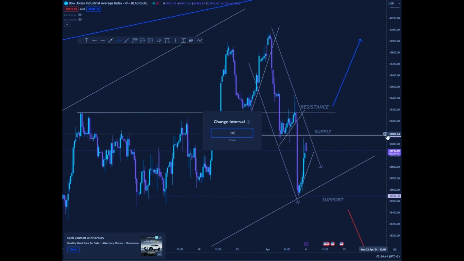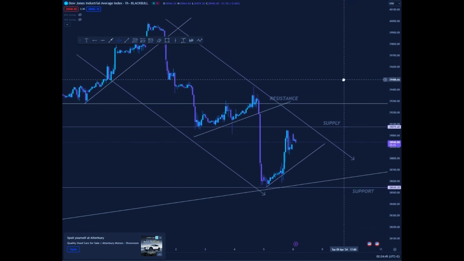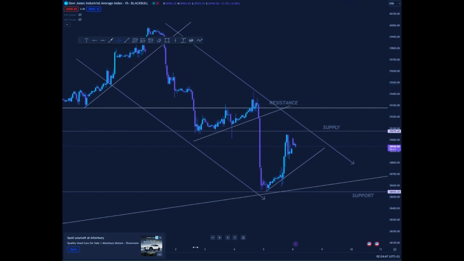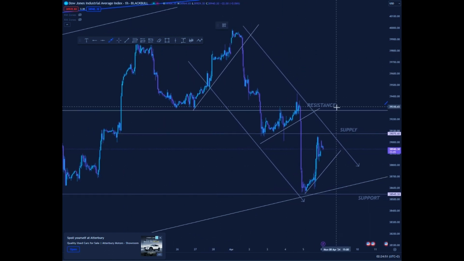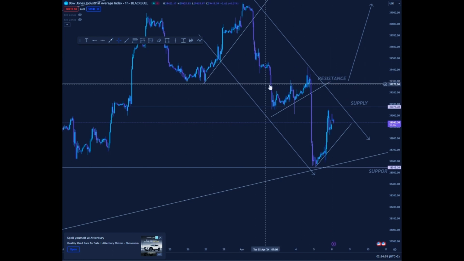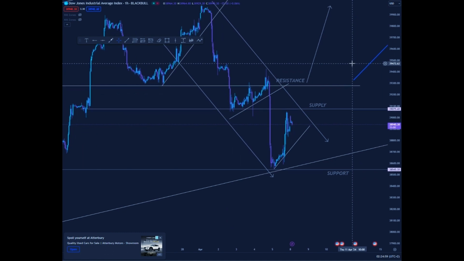Jumping down to the 1 hour, we can clearly see that we're in a thin bearish structure. So this is what we do. You look for buys whenever we break above here, because this is resistance. When we break resistance, it starts to turn to support, and we always buy at support.